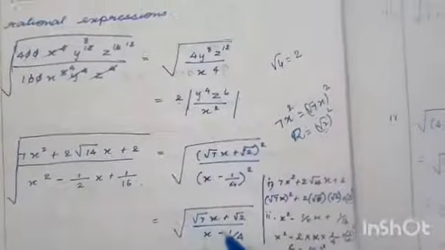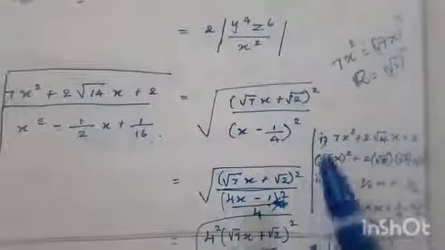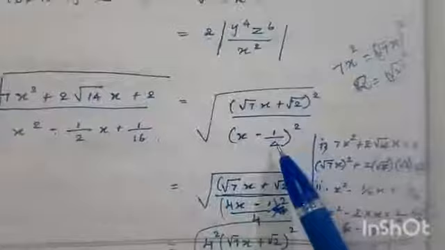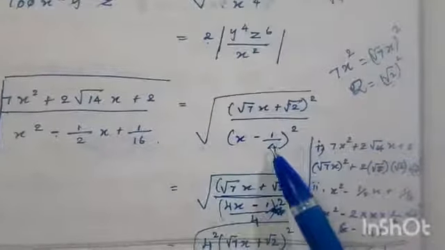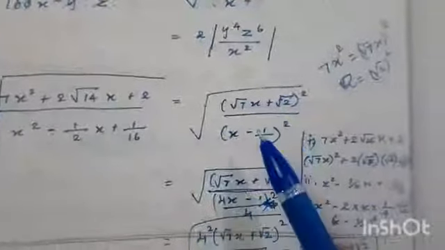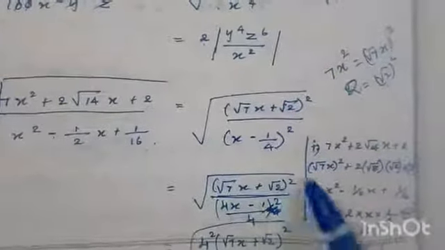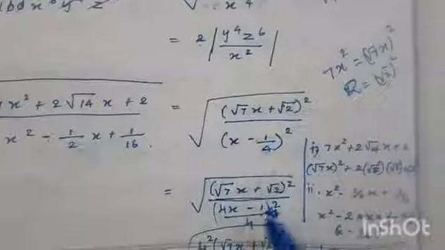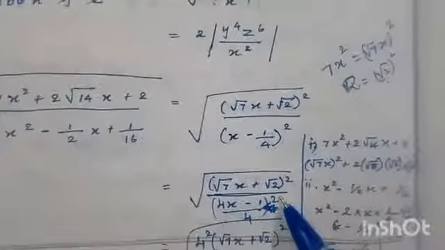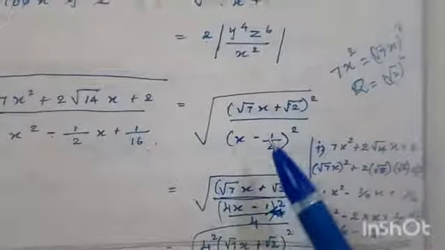So now, in the denominator we have a fraction term. So for that denominator you have to take an LCM inside the bracket. So this is rewritten as root 7x plus root 2 whole square by 4x minus 1 whole divided by 4 whole square. Inside the bracket you have to take an LCM.